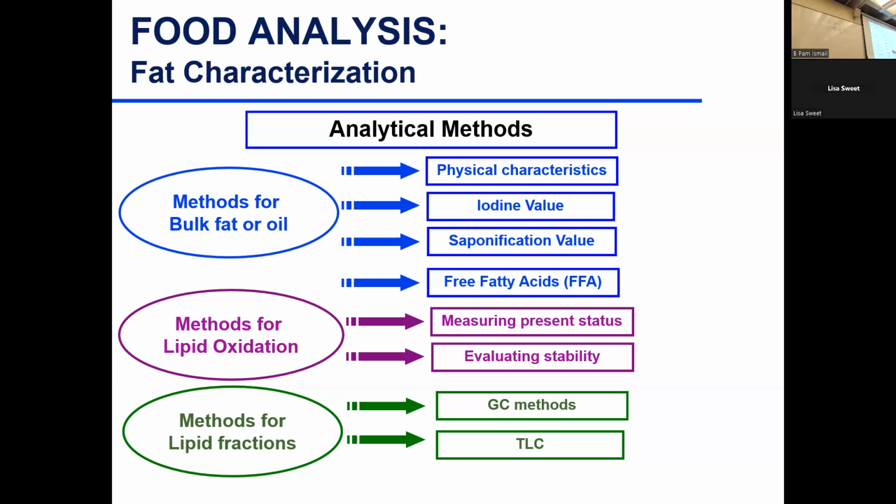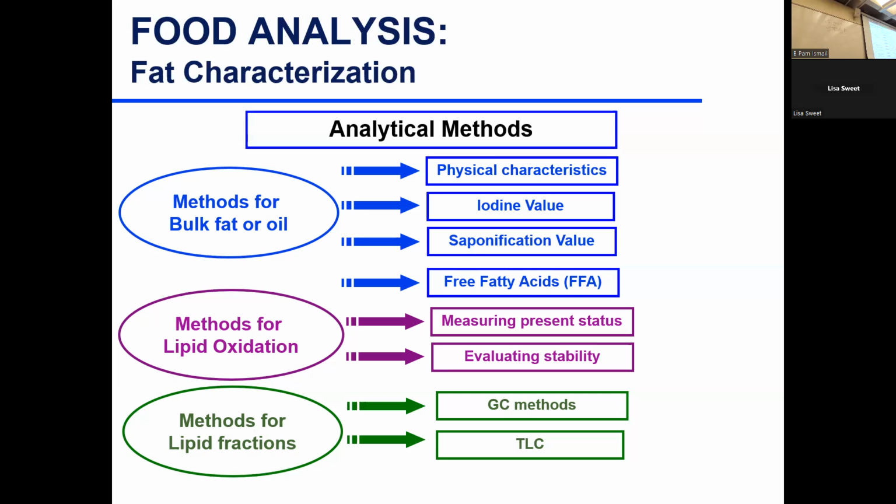And then in the lab, we're also going to address stability. What CAP is going to do for you is put the oils at high temperatures for different time points just to accelerate oxidation. Then you're going to evaluate the stability of these oils over time and compare different types of oils to each other based on the degree of unsaturation and the level of free fatty acid.